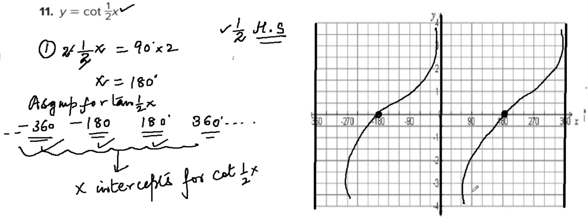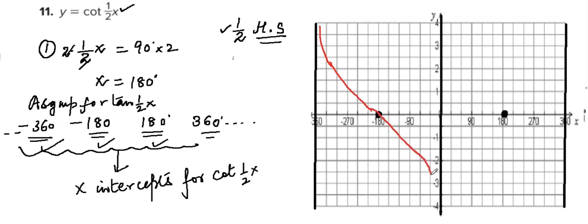This is tan x, but we are not interested in tan x. We are interested in cot x. So cot x will be like this. It is not negative, so the flexion will not be there. Start from one asymptote, and it goes close to the other asymptote. So this is the graph of cot half x.